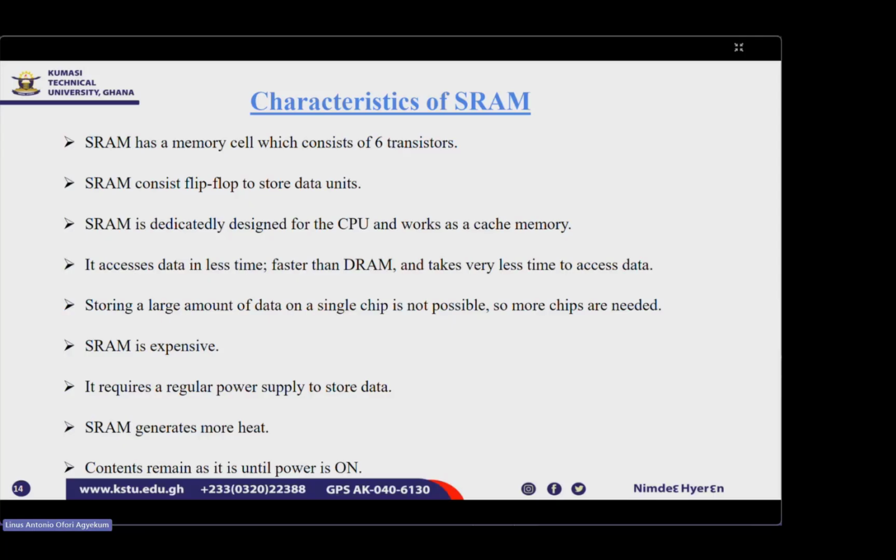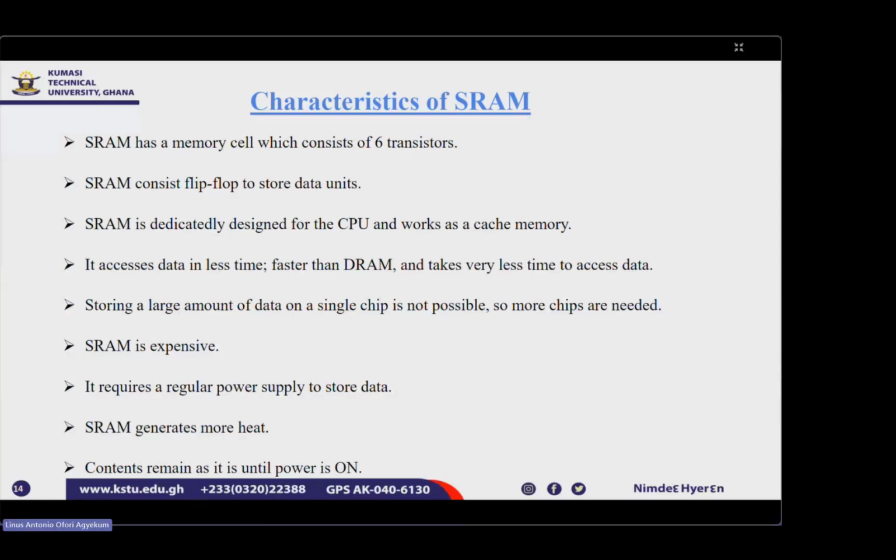When there is a need to store a large amount of data, one single chip cannot be used, so there will be the need for several chips, and this makes the SRAM expensive.